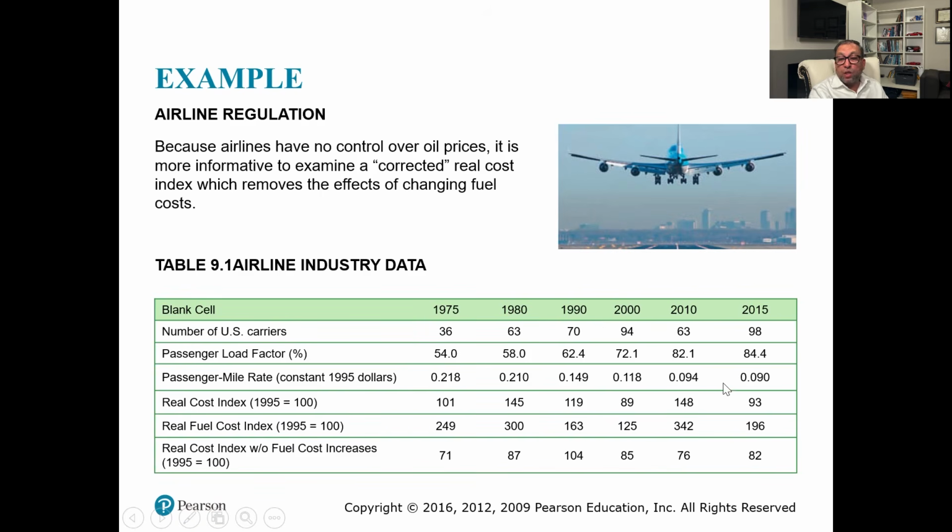The passenger load factor is increasing, passenger miles are increasing, the real cost index is decreasing, and the real fuel cost index is also decreasing. The reason is that there are fewer vacant seats flying, so the real cost decreased over this period.